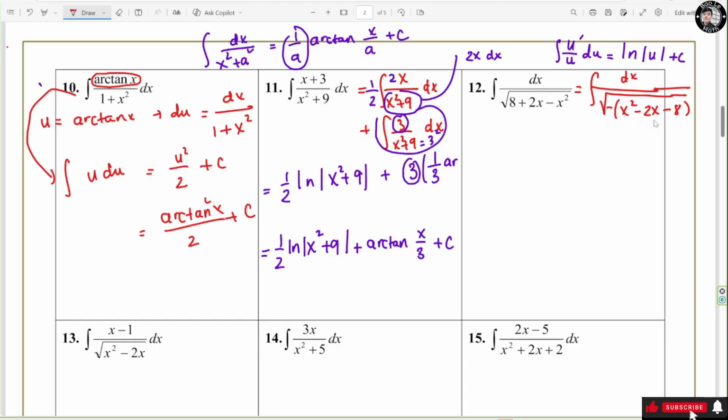Now I need to make this a complete square. So this turns out to be the antiderivative of ds over the square root of negative of s squared minus 2s. I'm going to add and subtract 1, so I add 1 right here and subtract 1 and subtract 8. It could be 9, right?